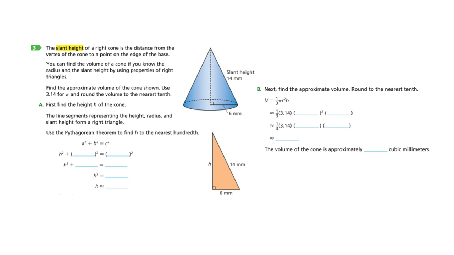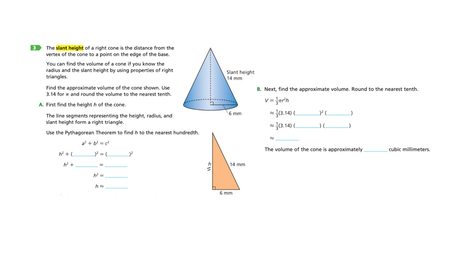So if we look at A, first find the height h of the cone. So that's here, or this would be the height. And this triangle here is the same as here, and so I think they put that there to give you a representation that you're more familiar with. And so all you're going to do is plug in using the Pythagorean theorem. So h is the height, that's just another leg of that right triangle.